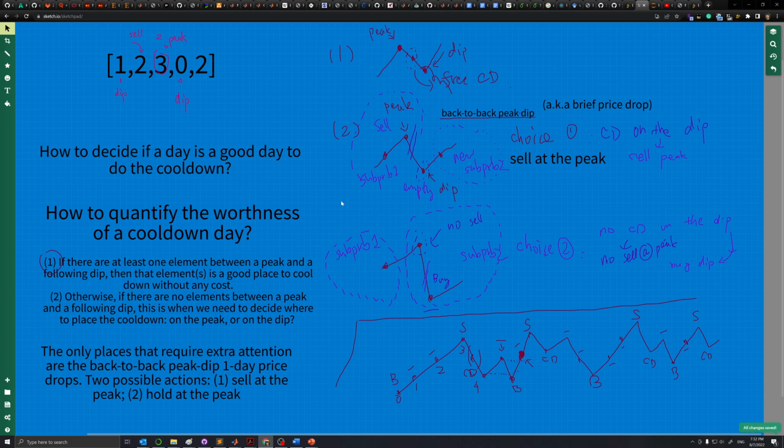We should be okay. Right, so let's just say the subproblem 1 is gonna include the dip. So we're basically taking the peak and dip either in the first subproblem or take the peak and dip in the second subproblem. Yeah, split them like that, and then find the best way to split them.